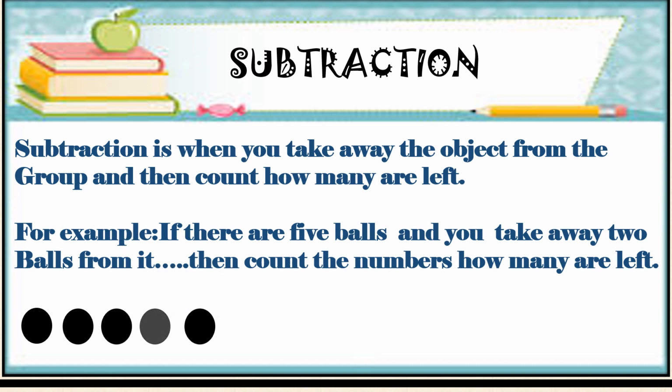If we take away 1 and 2 balls from it, then telling how many balls are left is what we call subtraction. 1, 2 and 3. Counting the left out numbers is basically subtraction of numbers.